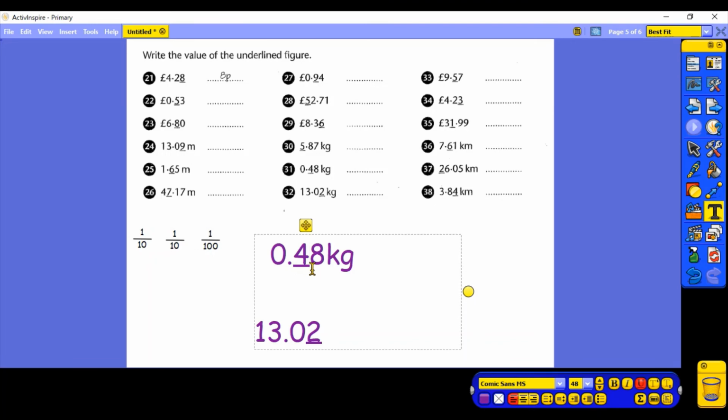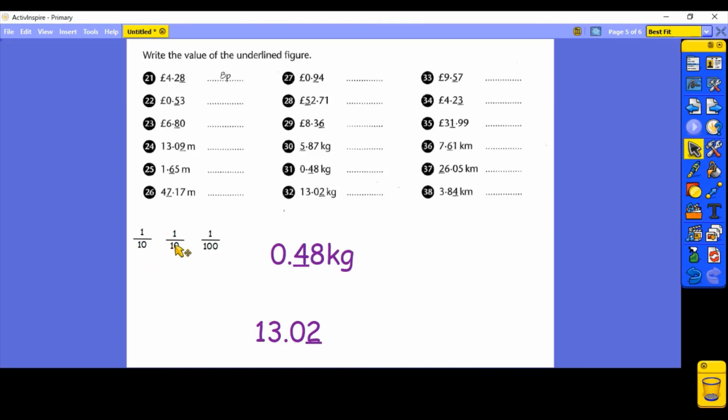So we have to work through and work out what this means. So if it's in this decimal place, remember the first decimal place is actually the same as 1/10 because you've had a whole one and you've made it 10 times smaller. And so this decimal place is the same as a 10th.